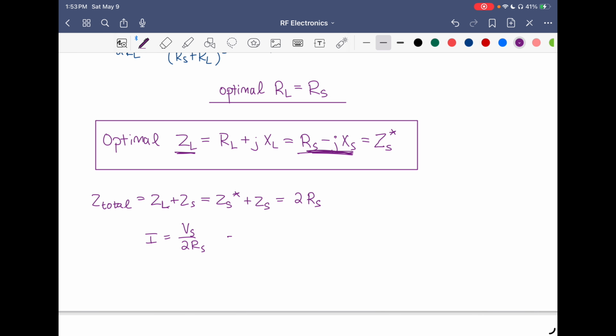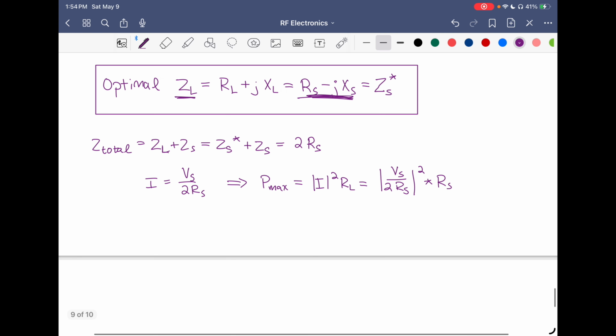and thus we have the maximum power delivered is equal to I squared RL, which is Vs over 2Rs squared times RL, which is just equal to Rs.